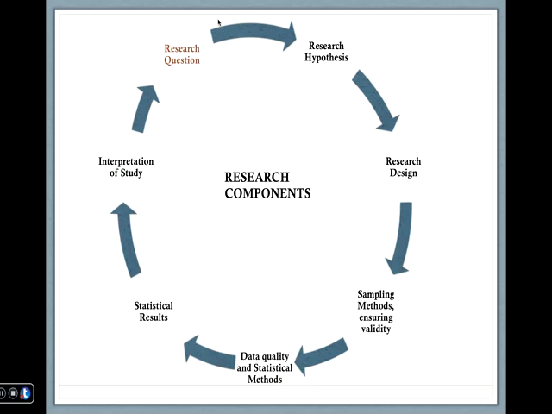And if you have a lot of skew in your data, or if they're not normally distributed, then you cannot choose a parametric test to analyze that data. You have to choose a non-parametric test. And we're going to be talking about that more in class.